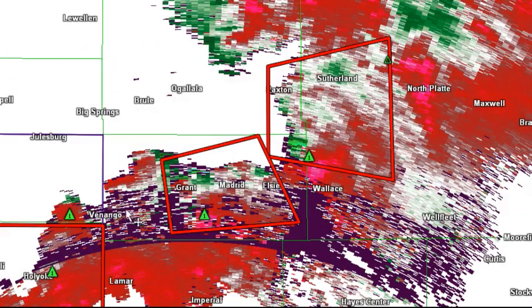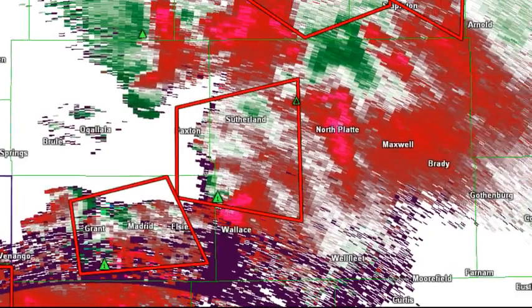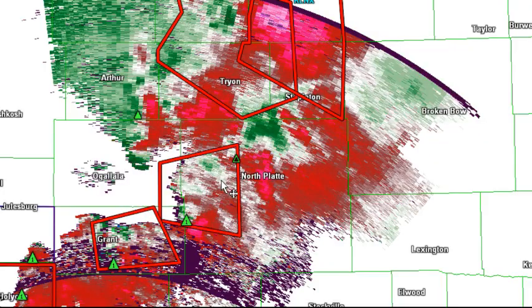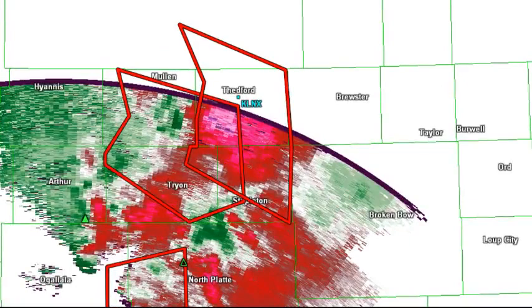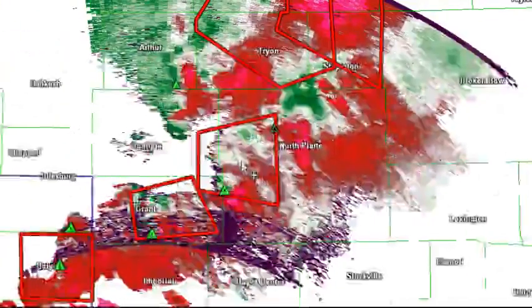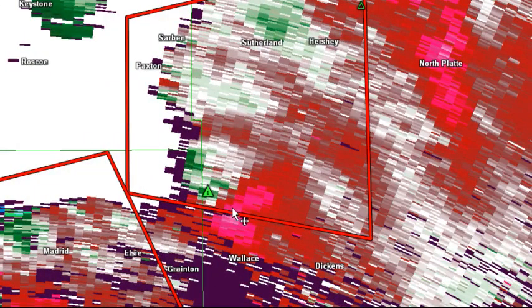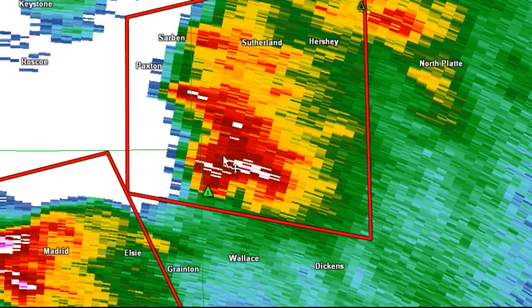Okay, a little bit of range folding in here, but yeah, this one appears to have a circulation there. And the others, the problem is as you go this far away from the radar, you're getting more into the upper parts of the storm, but for just kind of a quick glance, this can kind of tell us where to look, especially if you're close to the radar. So there's one cell.